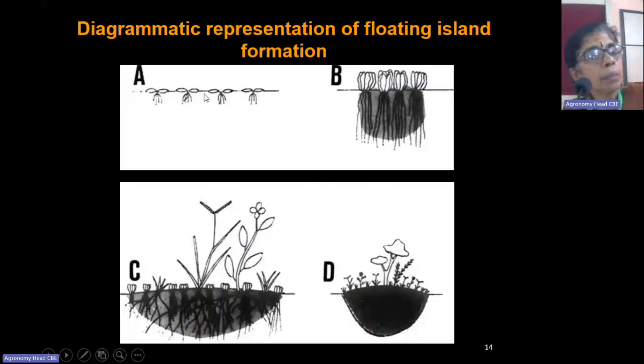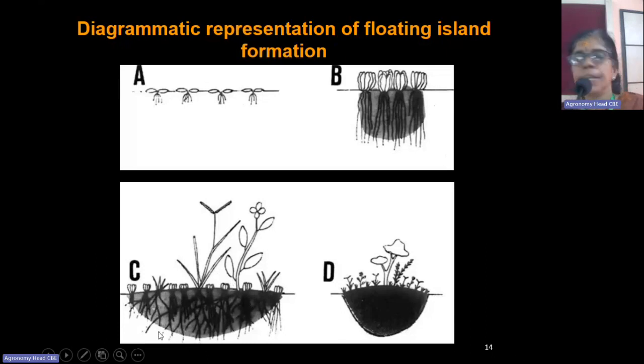The small vegetative propagules are growing, and later it completely covers the water, which is known as the mat stage. When the population increases, the leaves are tightly arranged like frills, and it will form a tight mat on the water body.